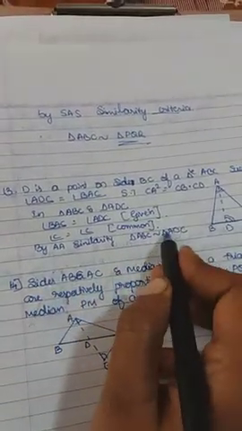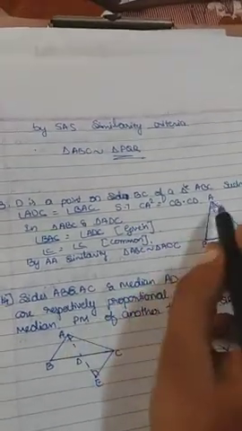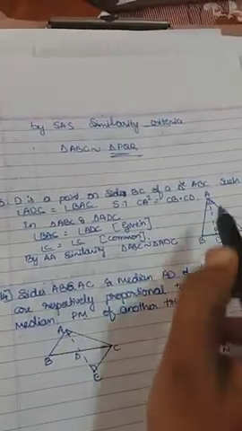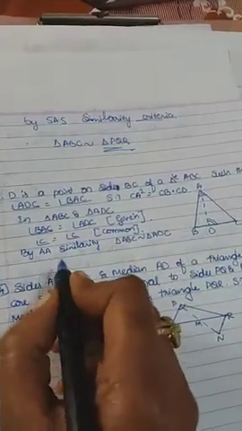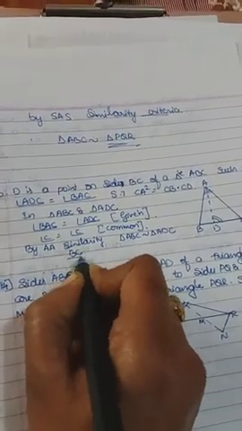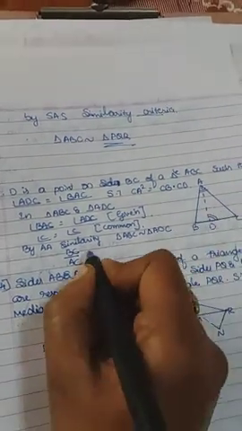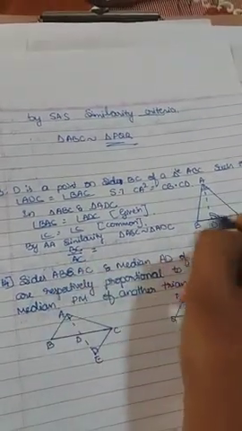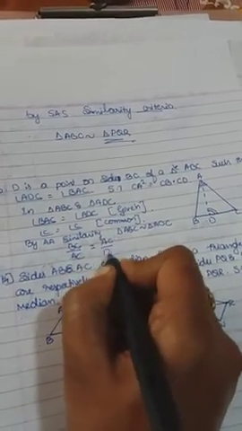If the triangles are similar, their sides are also proportional. We know that ABC is similar to ADC. Let us take the sides first. BC divided by AC equal to AC divided by DC.